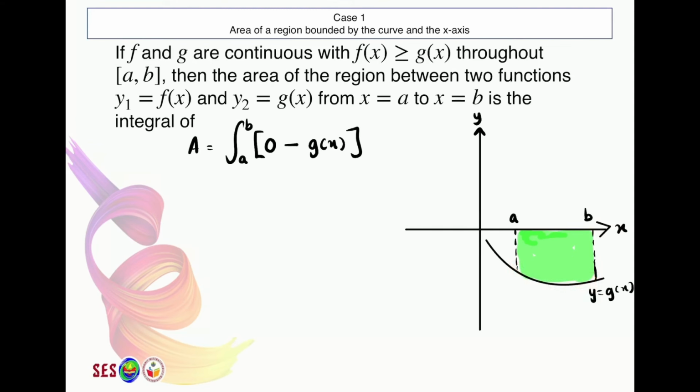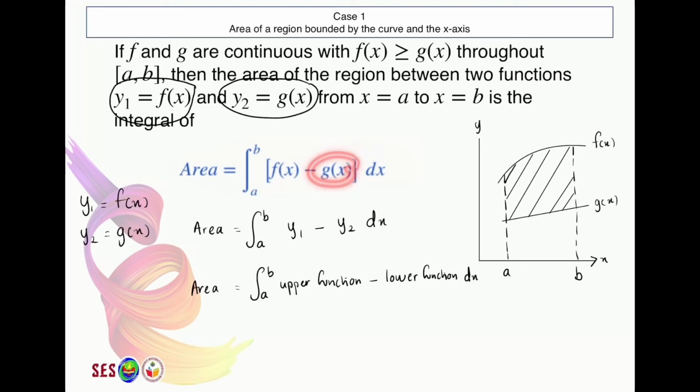The whole thing we integrate with respect to x, so we put dx. What we'll get from here is the integral from a to b of minus g(x) dx. Or we could also write it as minus the integral from a to b of g(x) dx.